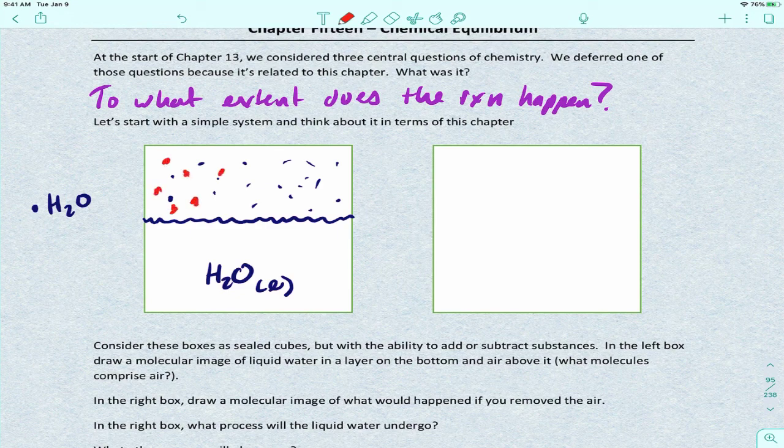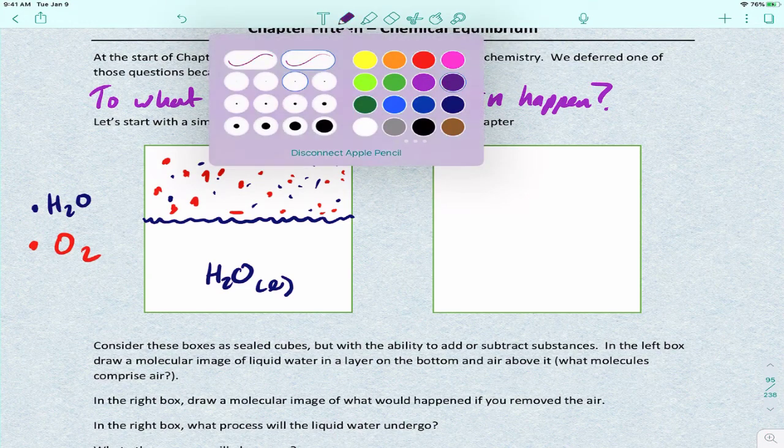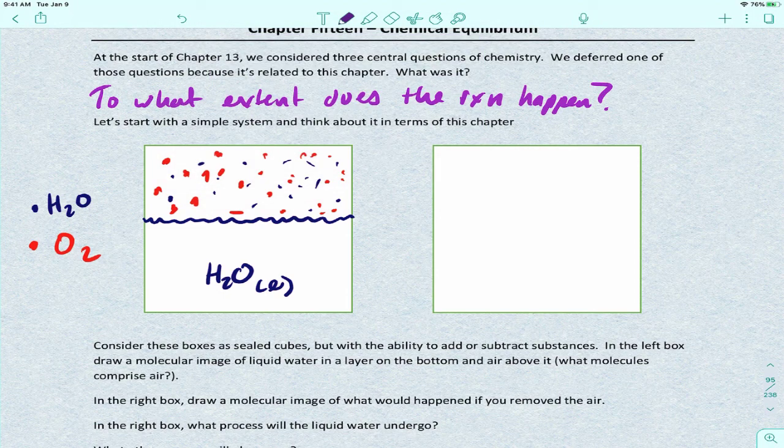So I'm going to use this red dot, and I'm just going to randomly put some oxygen up here. Remember, red is oxygen. Not only do we have oxygen and water, but we also have nitrogen too. So air has a mixture of a lot of different chemicals in it. Nothing terribly new here. And the purple represents nitrogen.